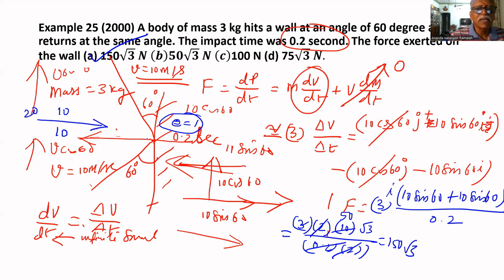But here it is inclined, that's why two components. The cos component gets cancelled because of the minus sign. But for the sine component, one is towards east and another towards west, so minus of minus is plus. It is added together. So 150 root 3.